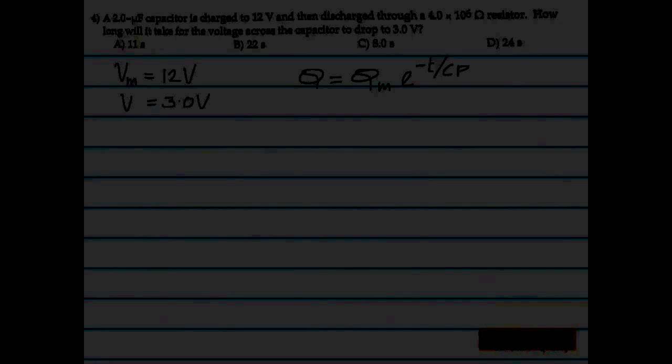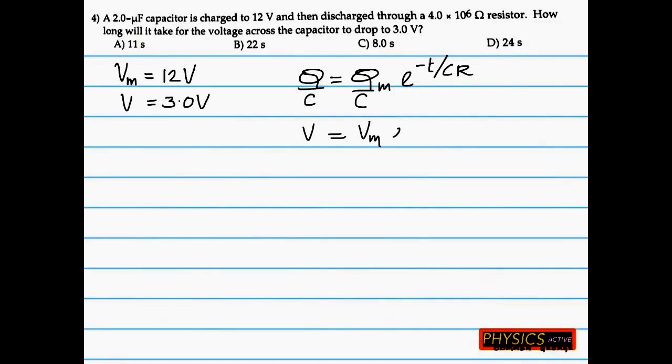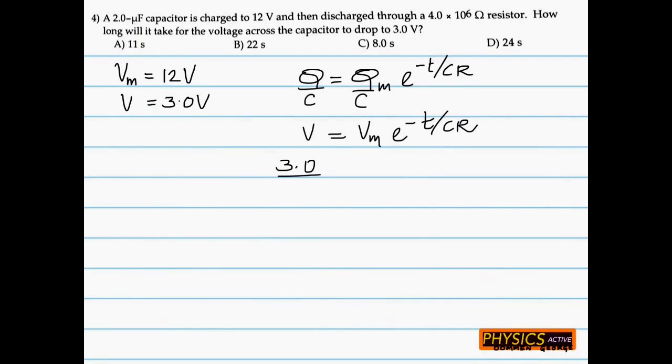In this question, the discharge of a capacitor through a resistance is given by that equation. Divide both sides by capacitance, and that makes it in terms of voltage. And then the given voltage is 3 divided by the maximum 12.